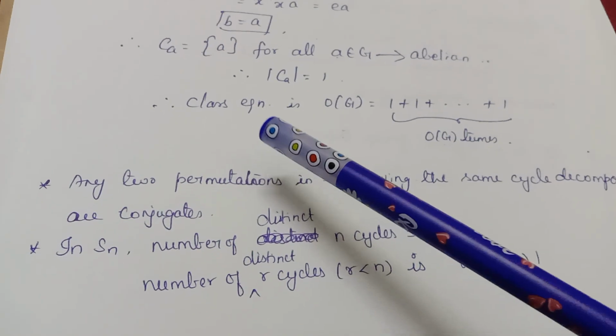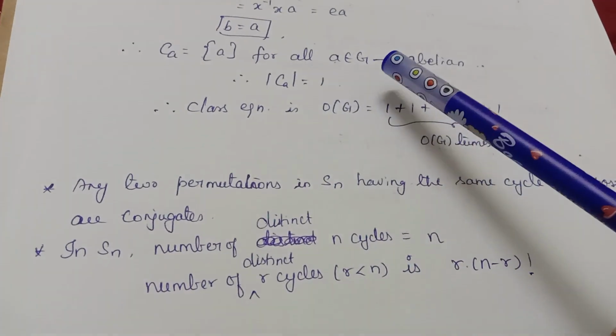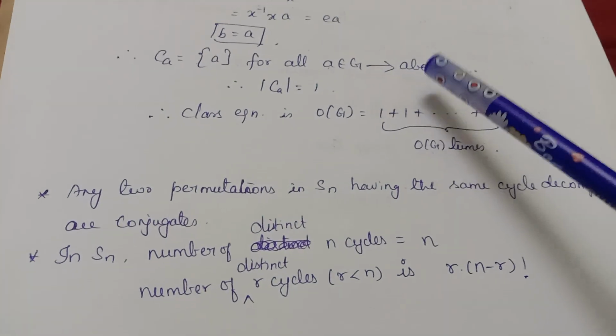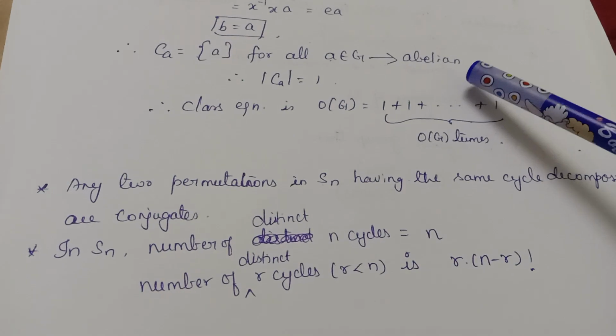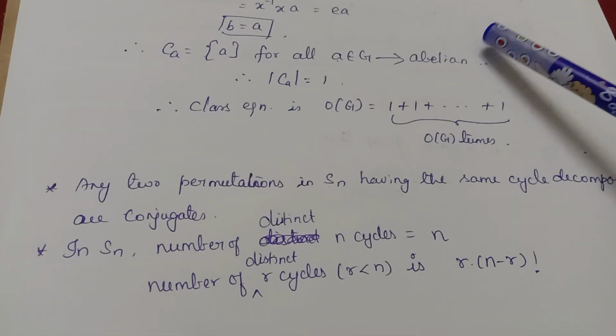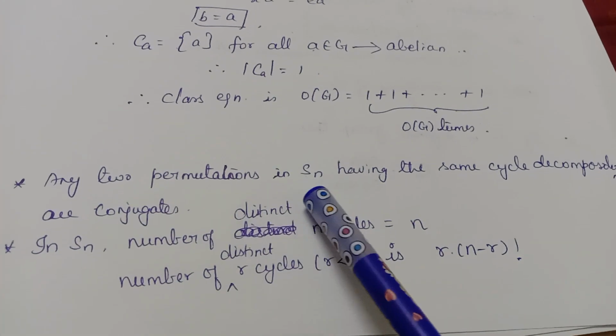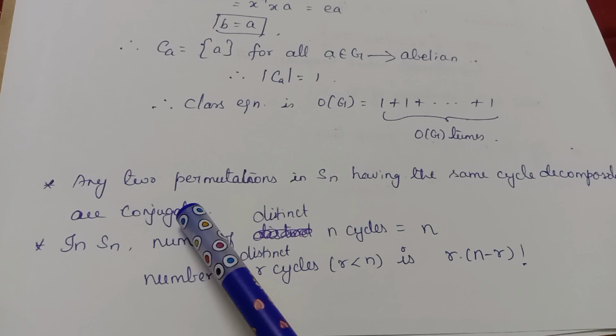If a permutation is written as a product of two cycles, one of length 1 and another of length 3, then it will be conjugate to all permutations which have the same type of cycle decomposition, that is, a product of a 1 cycle and a 3 cycle. So that is what we are saying. Any two permutations in Sn having the same cycle decomposition are conjugate.